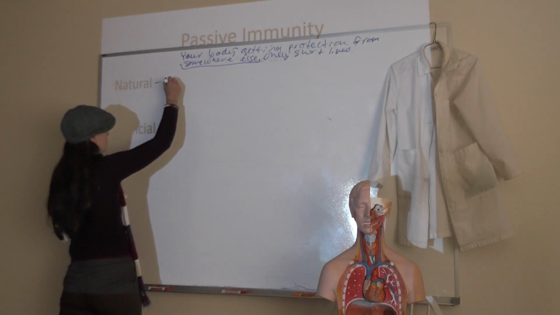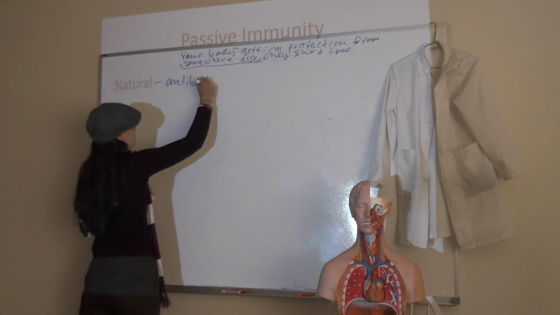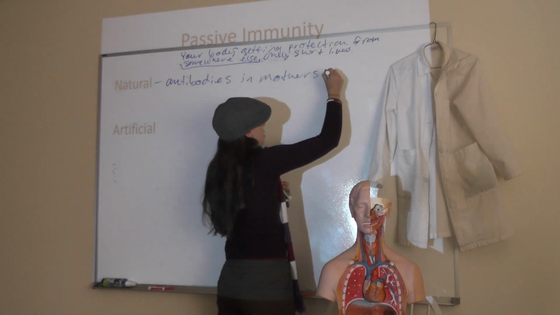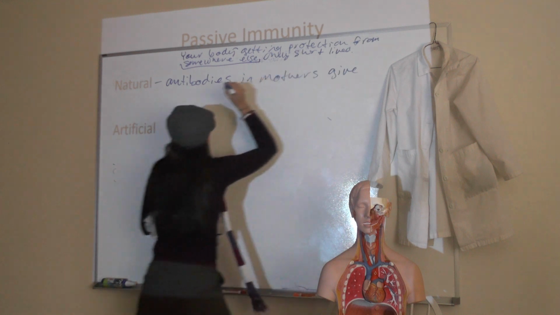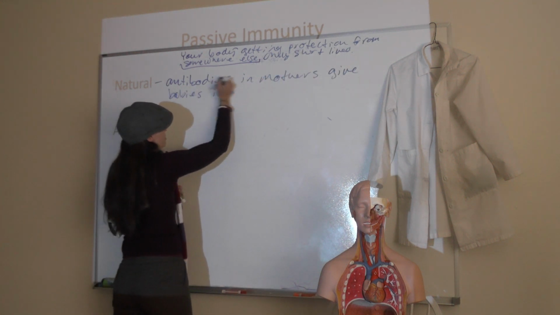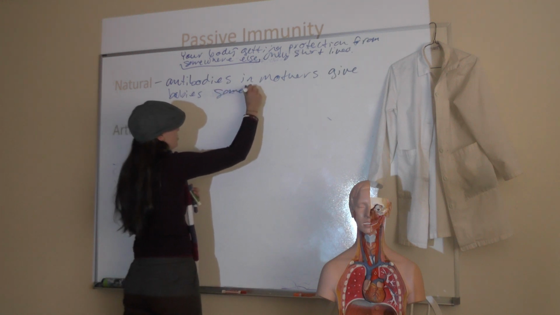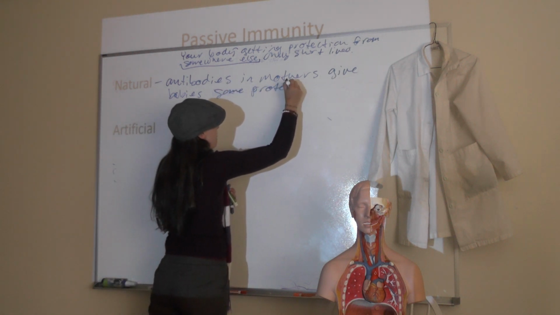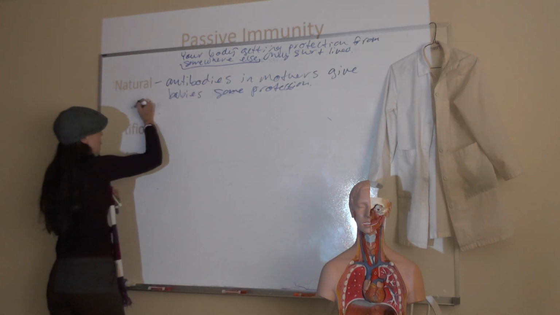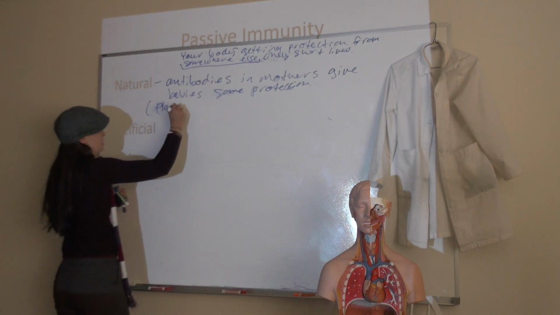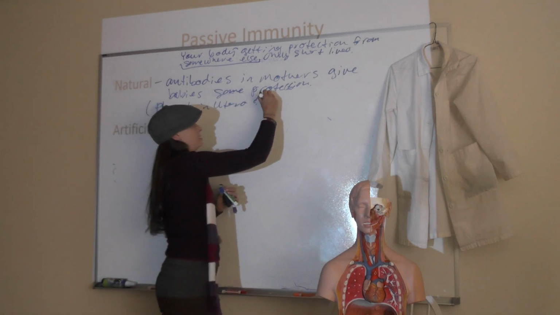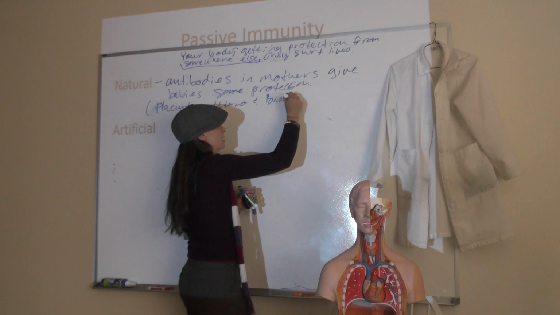So we could say antibodies in mothers give babies immunity or some protection. And this is both from the placenta in utero and from breast milk during lactation.